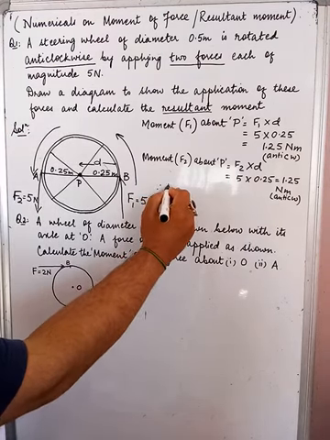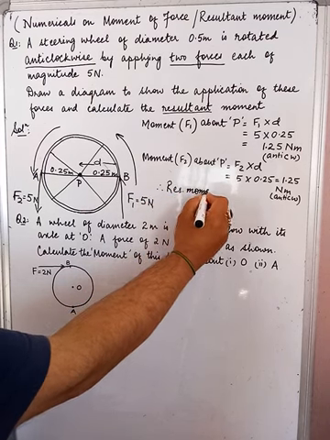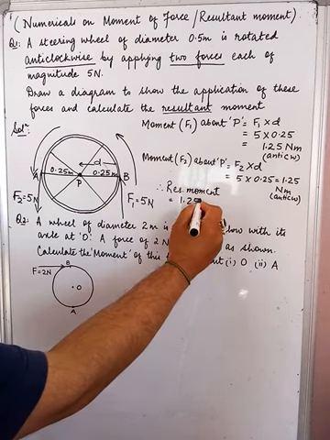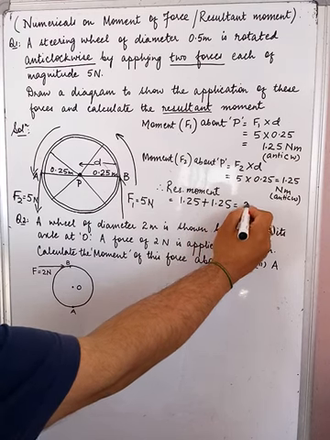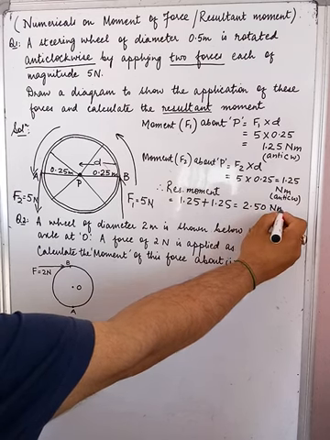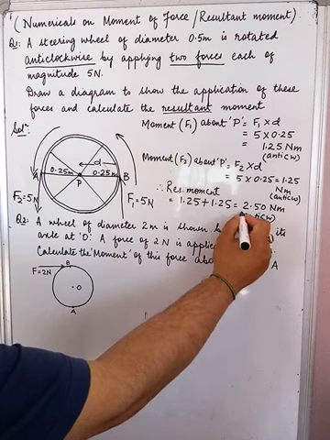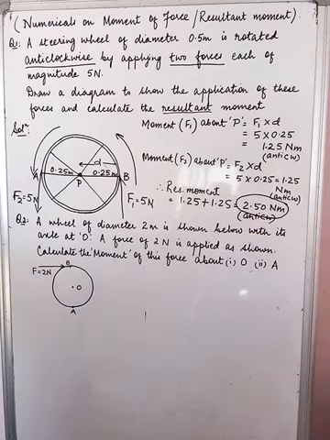Therefore, you can say that the resultant moment will be 1.25 plus 1.25, which will give you 2.50 Newton meter anti-clockwise. Okay, so this is what the resultant moment in this particular scenario is.